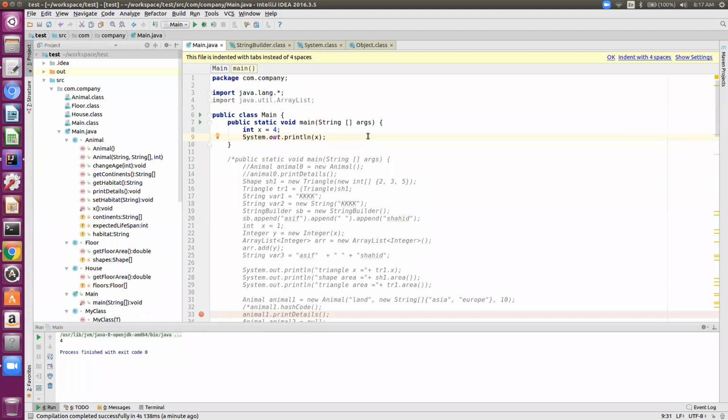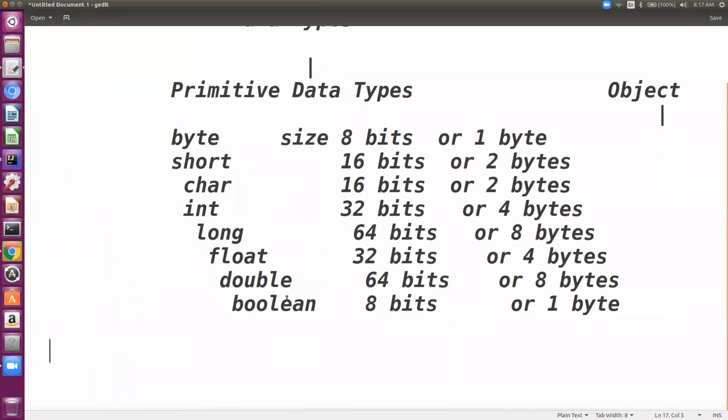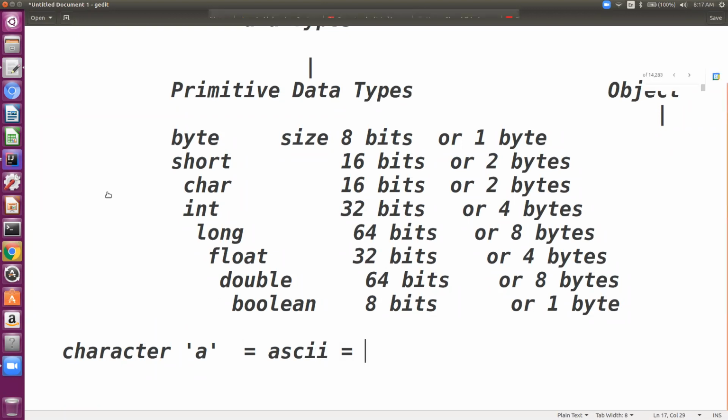So what happens in computer systems is this: a character A has a number associated with it in ASCII. ASCII is a form of encoding, and that number is what it is.